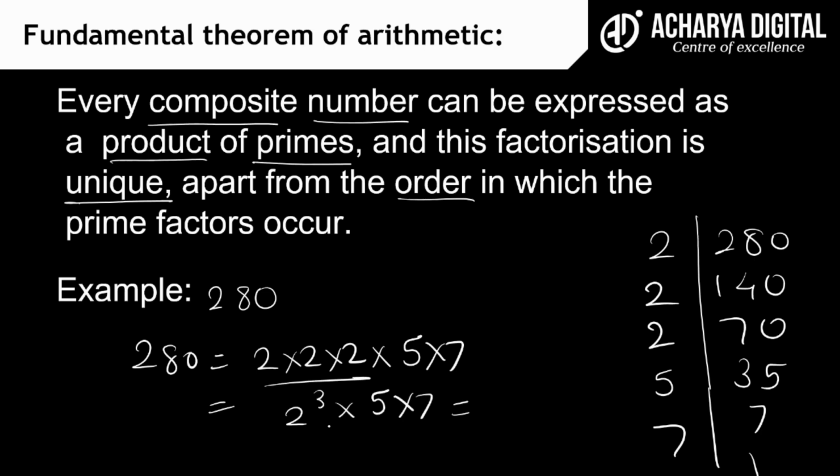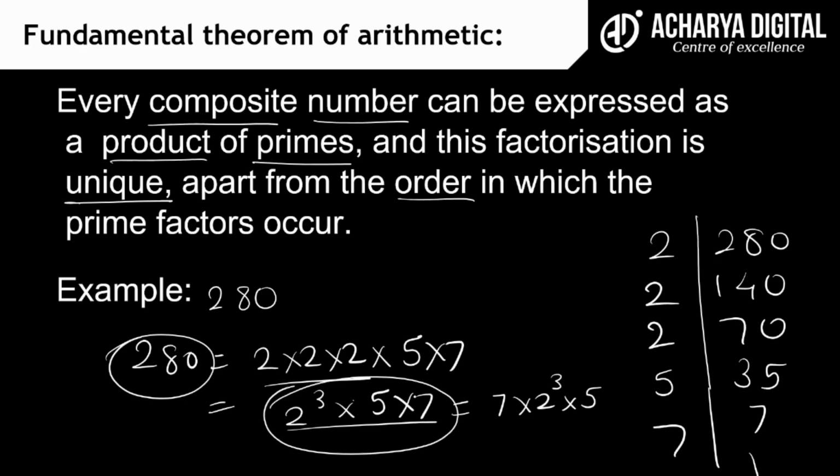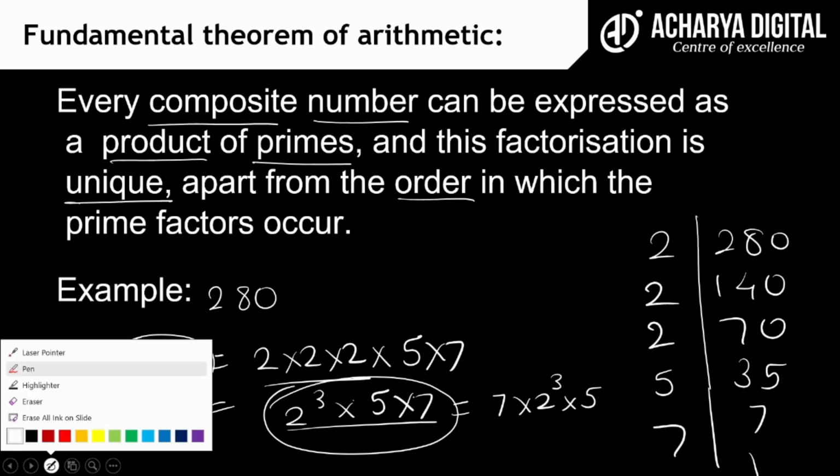So this arrangement can be changed. Order is not important here. So I have expressed a composite number in terms of product of its prime factors. This is called the fundamental theorem of arithmetic. I hope you have understood.